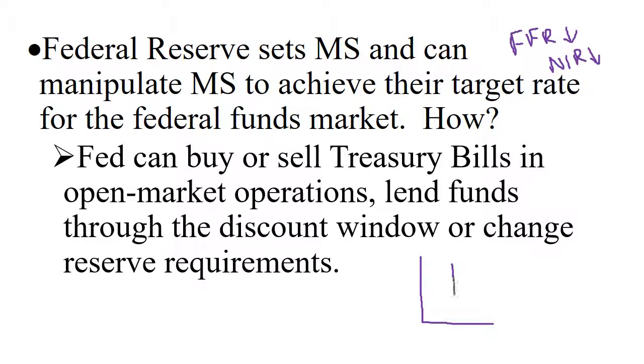In order to fully label, we have the nominal interest rate, we have equilibrium, money supply, money demand, the quantity of money, you can shorten to QM or Q$.